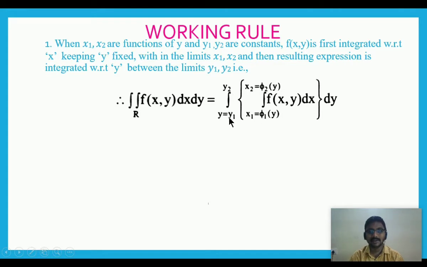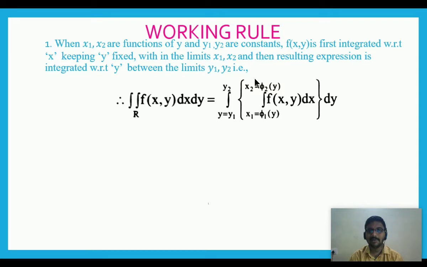These are constants. Whenever the double integral limits are of this type, we have to apply integration first with respect to x and then y, because we have to give preference to variable limits. First, the inner integral is resolved.